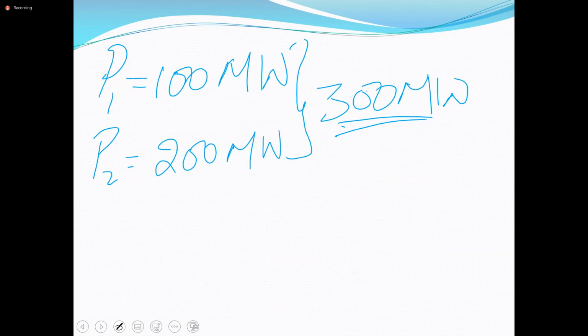In this case, it said I can go up to 250. So I know then I can take the additional 100 megawatts to satisfy my 300 megawatt load. Is that clear, people? Is there anybody here who doesn't understand what we just did, or why we did what we just did?